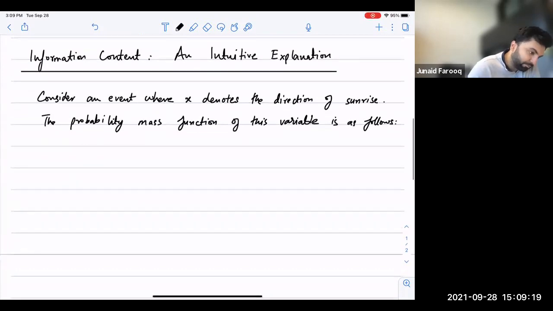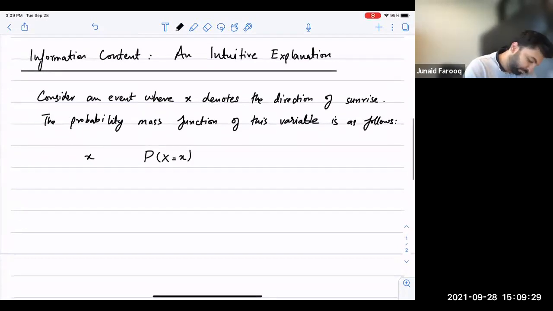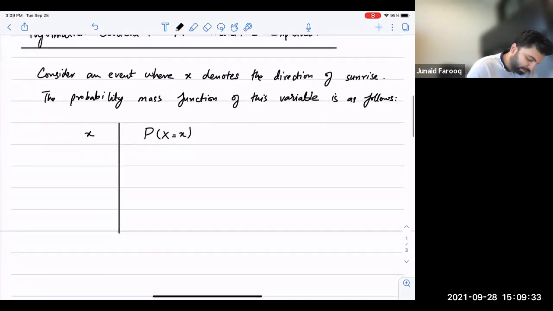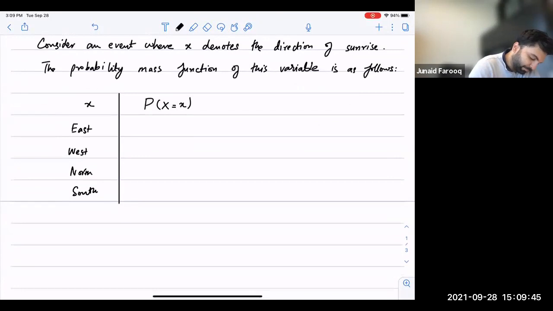We have the possibilities x and their probabilities, the probability that the random variable takes that value. In this case, we have four possibilities: east, west, north, and south. The probability mass is as follows: 1, 0, 0, and 0.